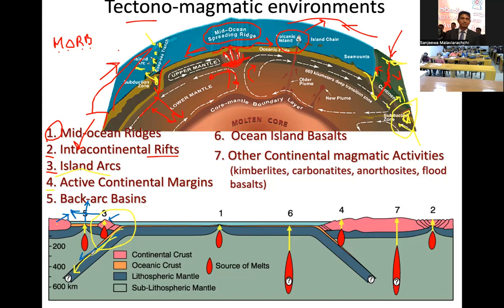So this slab is moving, and at a certain stage where the subduction is almost going to end, right? It will end up with a slab break, right? Slab break means somewhere in the middle, this slab will be broken down, and part will be going down or sinking down to the mantle.